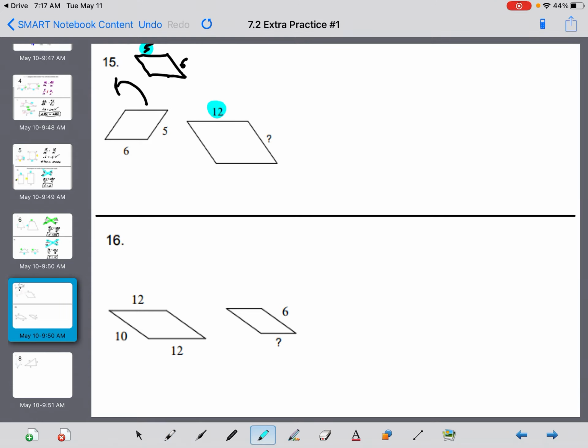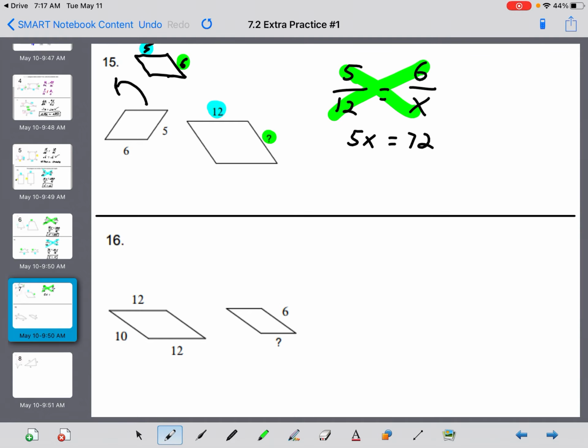So 5 pairs with 12 or maps to 12, 6 maps to x. So we get 5 over 12 equals 6 over x. Cross multiply. 5x equals 12 times 6 is 72. Divide both sides by 5, and you get x is equal to 14.4.